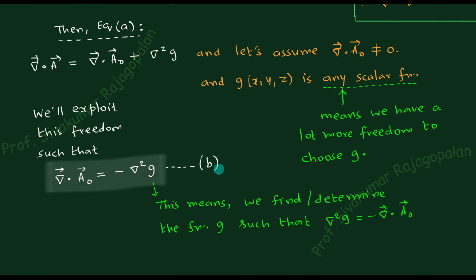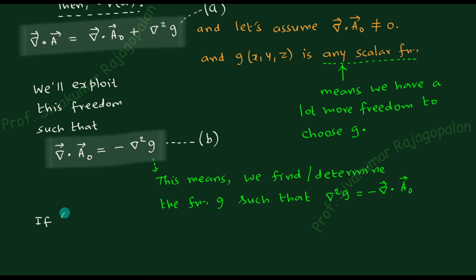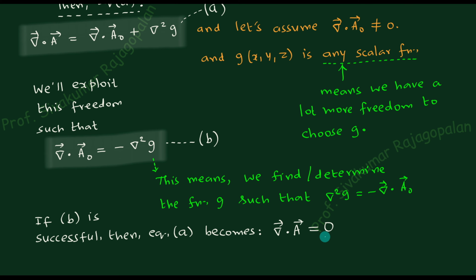Therefore, equation A will become simple if you use equation B. Once all these things are clear, the conclusion is that if all these things are successful, we have a simplified equation, namely the right hand side goes to 0, so divergence of A equals 0.